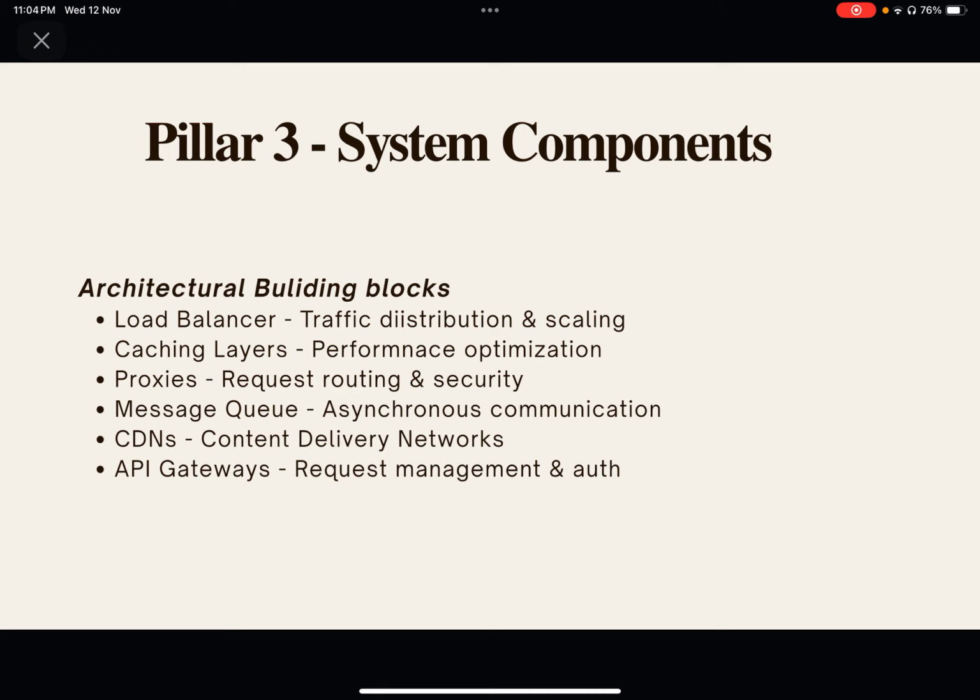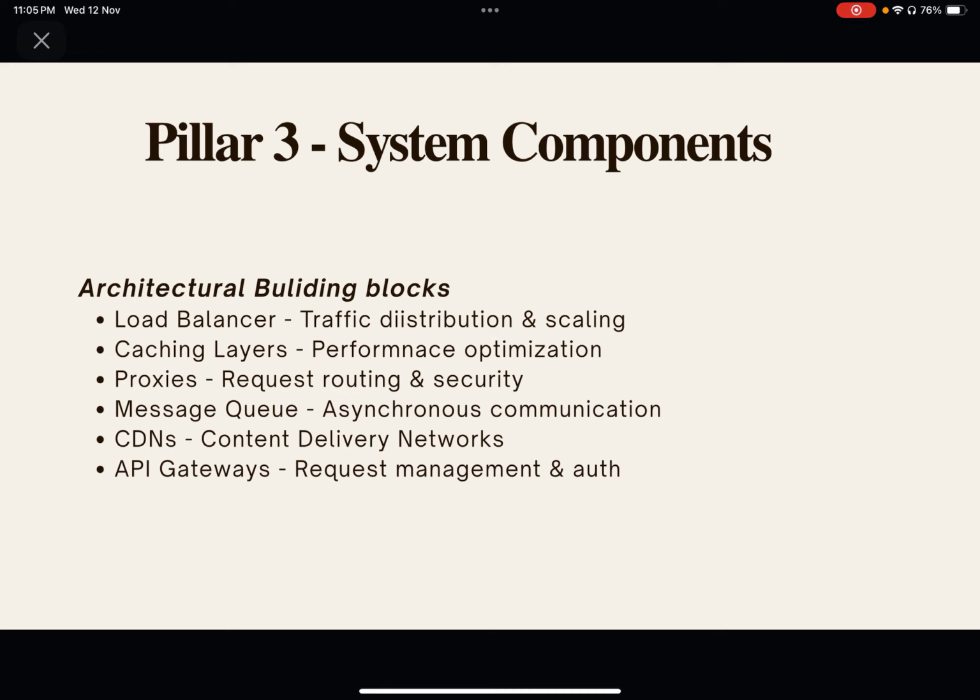Then third is system components. These are the actual building blocks you will use to construct your architecture. Load balancers distribute incoming traffic across multiple servers, enabling horizontal scaling. Caches store frequently accessed data in memory for faster retrieval. Message queues enable asynchronous communication between services, decoupling components. Databases handle data persistence and retrieval.